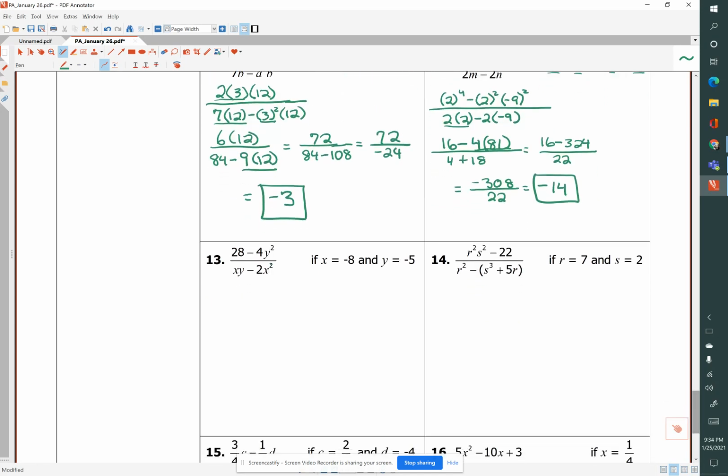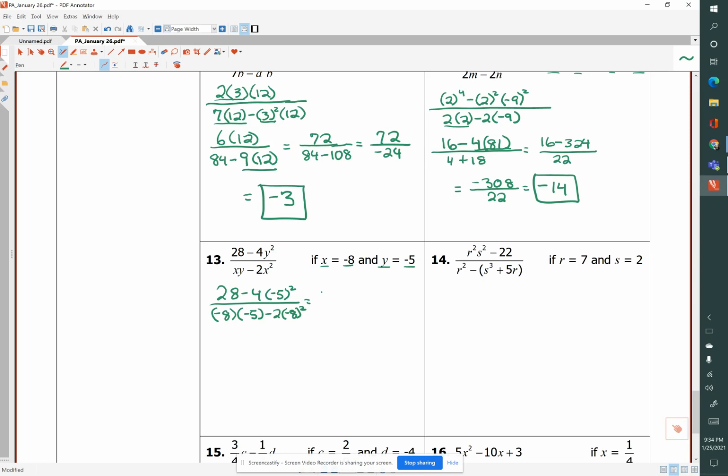Number 13, we're going to substitute x for -8 and y for -5. So 28 minus 4y, and that's our -5, raised to the 2nd power, divided by x, which is -8, times y, which is -5, minus 2 times -8 squared. So we'll start with our exponents.